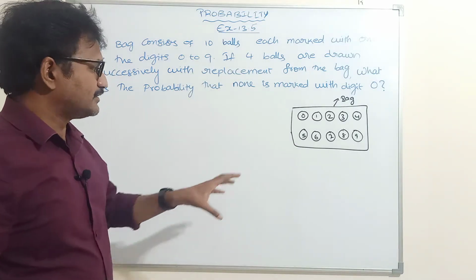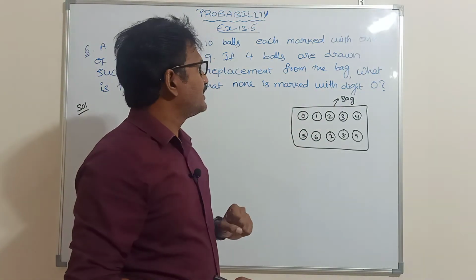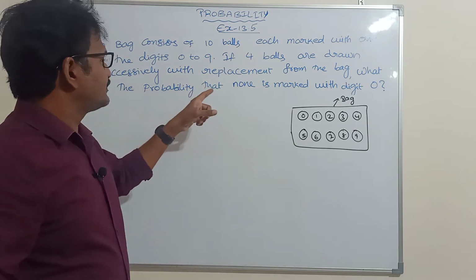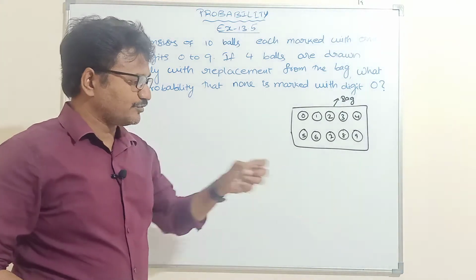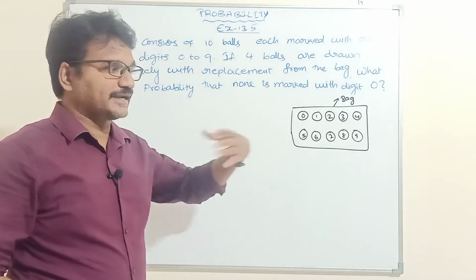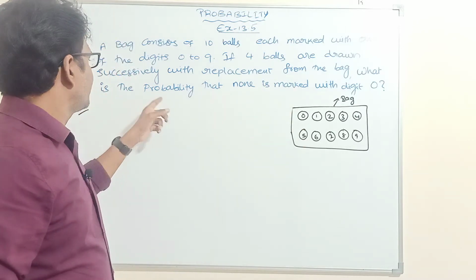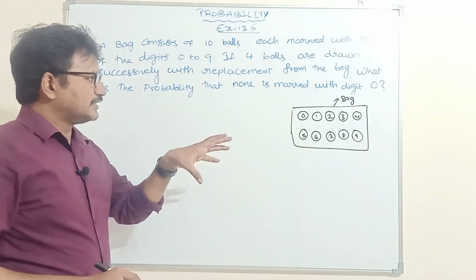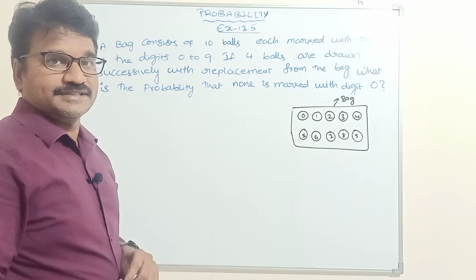If 4 balls are drawn successively with replacement from the bag, what is the probability that none is marked with digit 0?